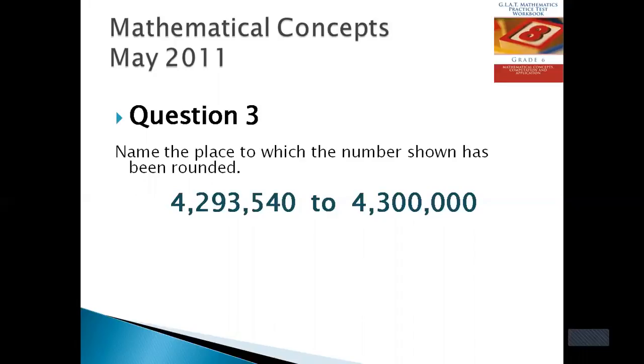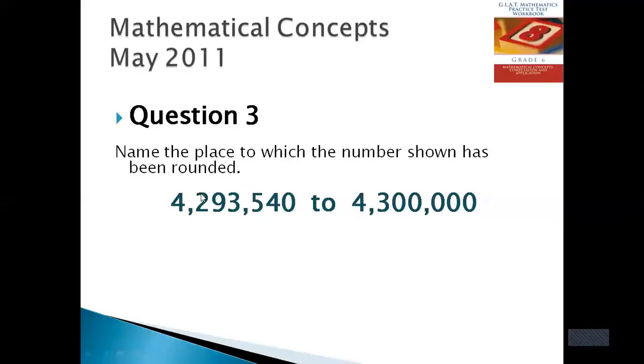Now, we previously stated that we read numbers from left to right. So starting our evaluation from the left of the first number, we have the digit 4. When we compare it to the second number, 4 is still intact. That's good.